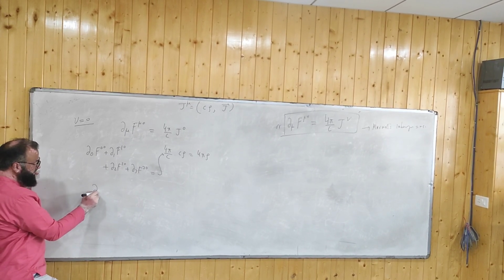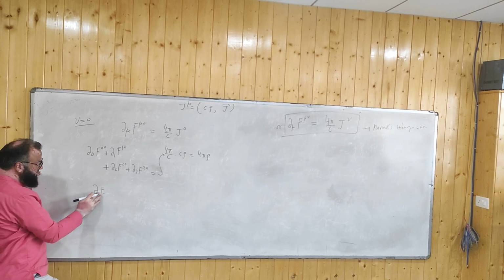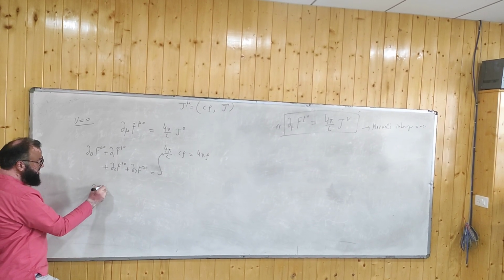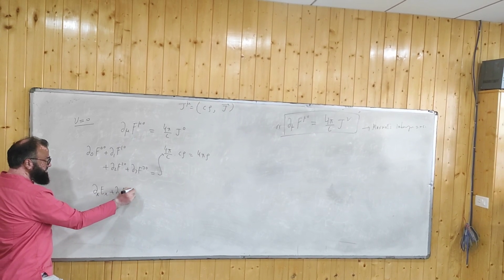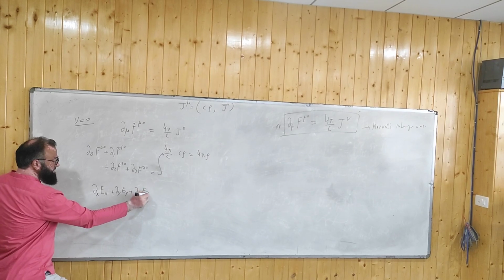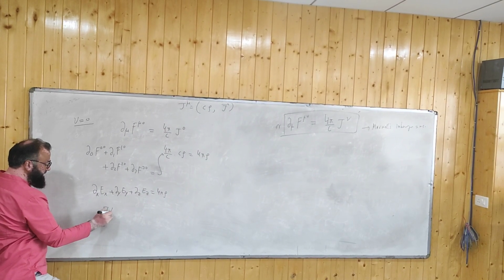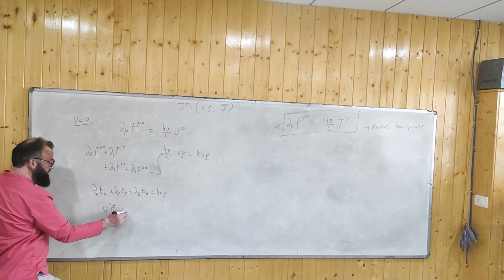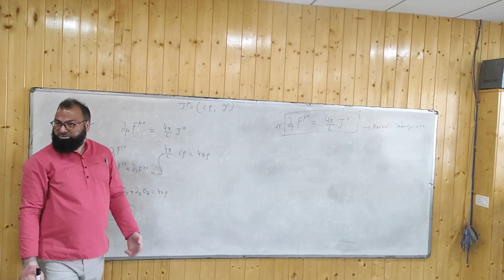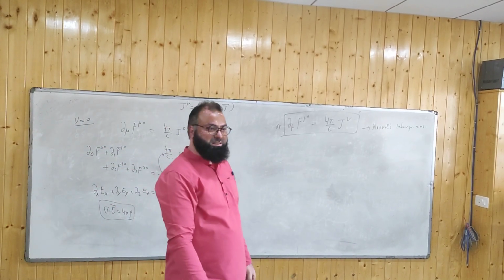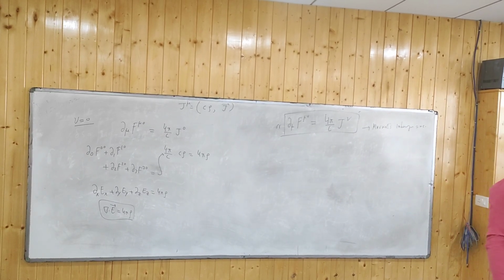So it is ∂_1 E_1. In other words, I can write ∂_x E_x plus ∂_y E_y plus ∂_z E_z. So what is that equal to? 4πρ. That is del dot E equal to 4πρ. So what is this? Gauss divergence law for electrostatics.